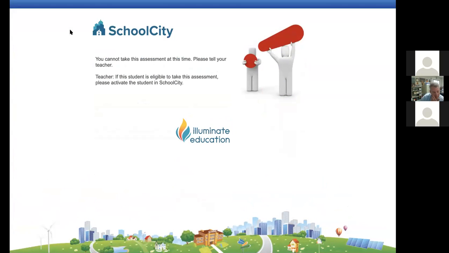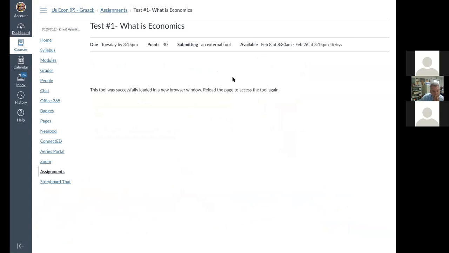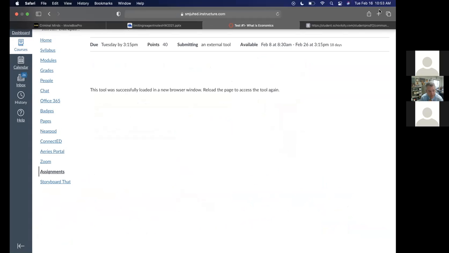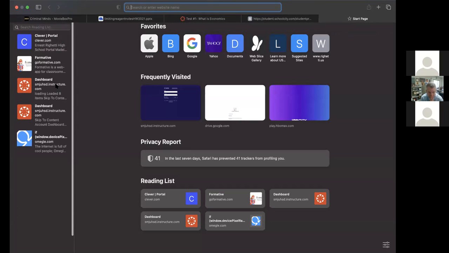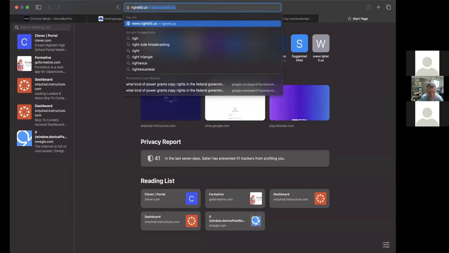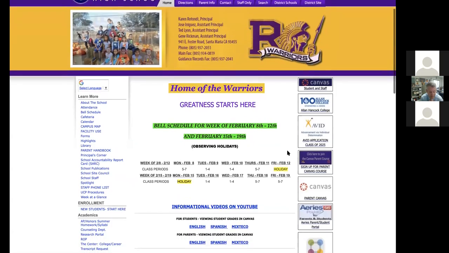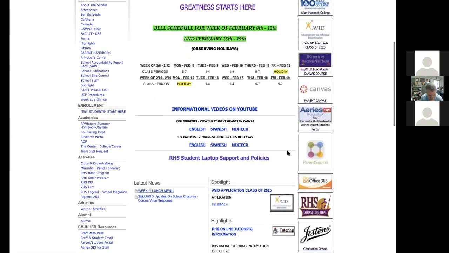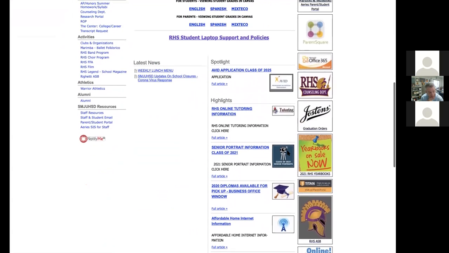Okay, so click out of that tab. All right, go to rigetti.us. Down the left-hand side at the bottom, it'll say staff resources. Underneath SMJ UHSD resources, it says staff resources.